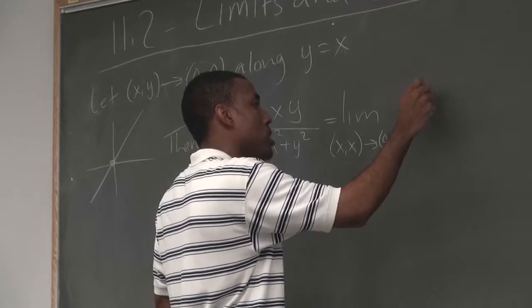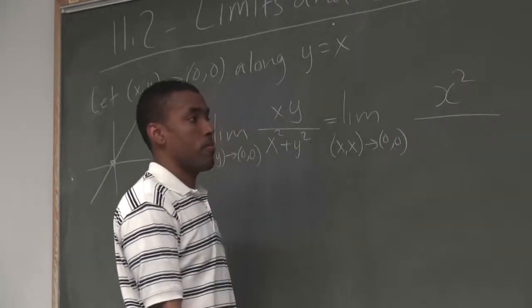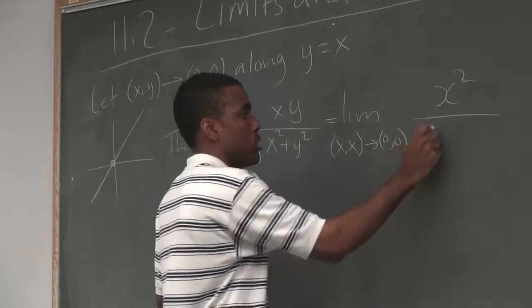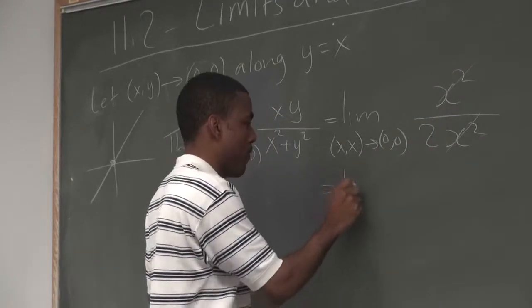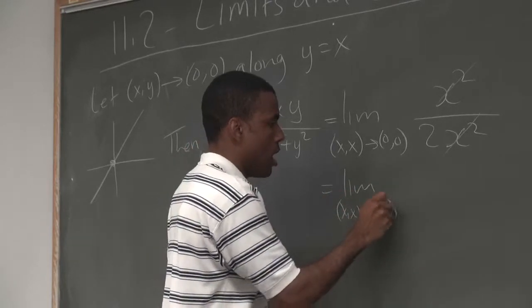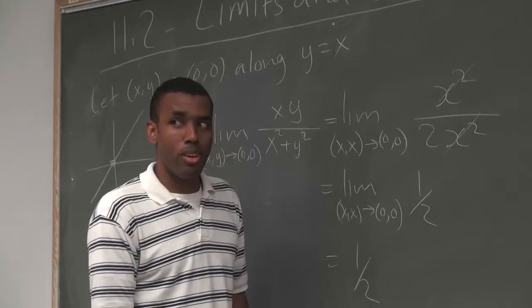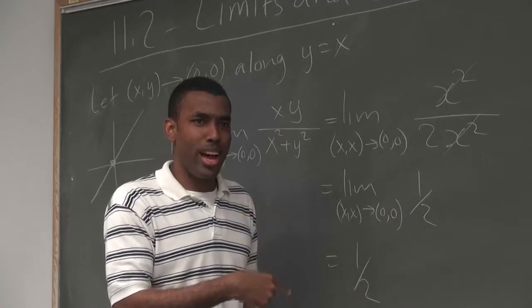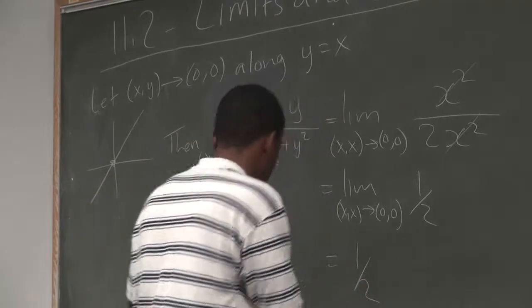So that would just give me what? x squared over 2x squared. And look at that, the x squares cancel. And suddenly, the limit is a half. Is it 0 or is it a half? Well, if it's giving me two different answers, it can be neither. It does not exist.